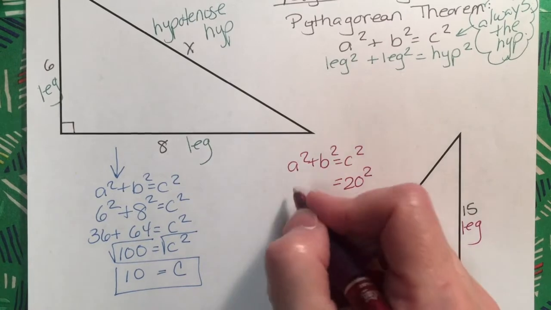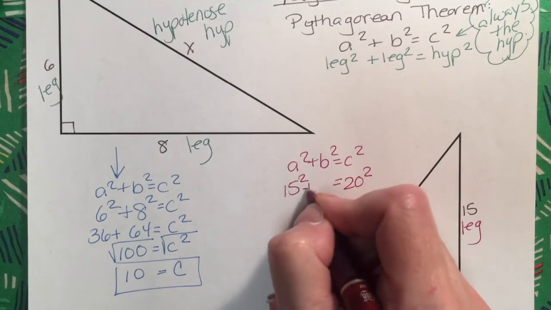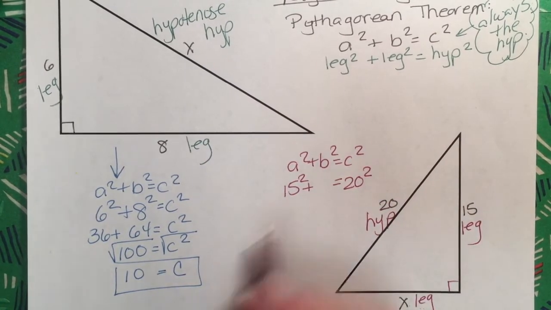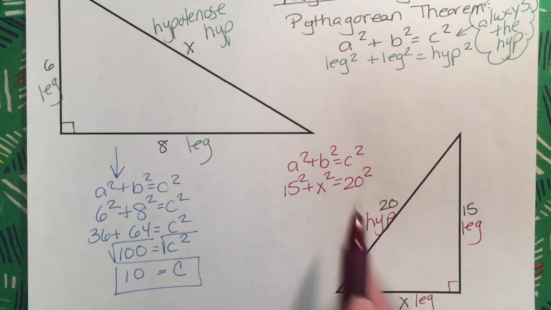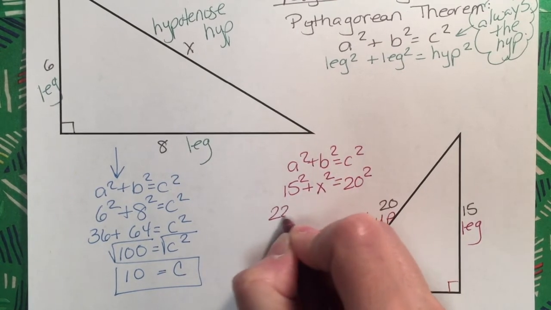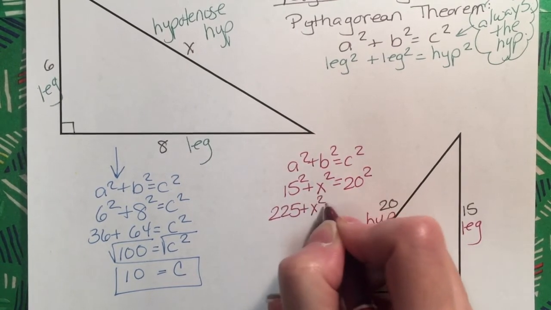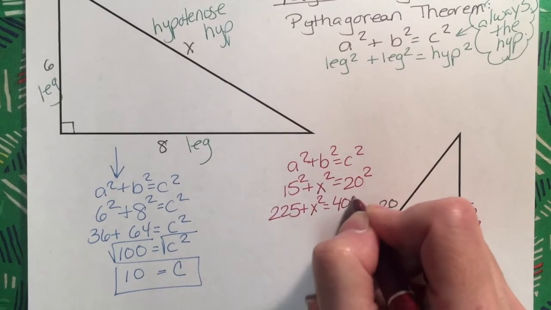The a is 15. We do not know how long that leg is, so we're just calling it x, okay? Leg squared, hypotenuse squared. 15 squared is 225. 20 squared is 400, okay?